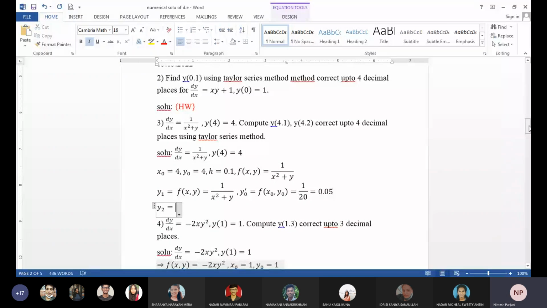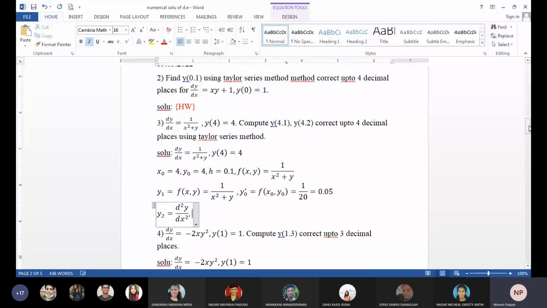y2 is d square y by dx square. That is the second order derivative. Second order derivative means it is the derivative of the first order derivative.